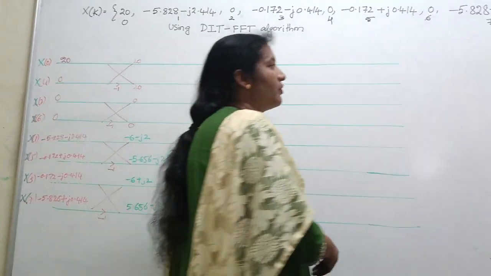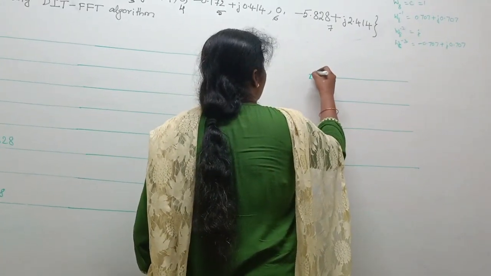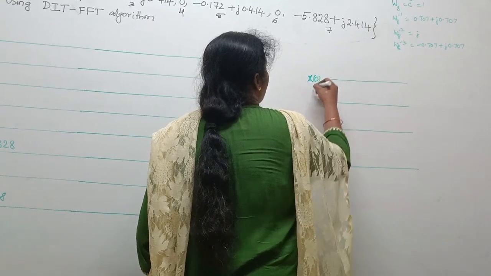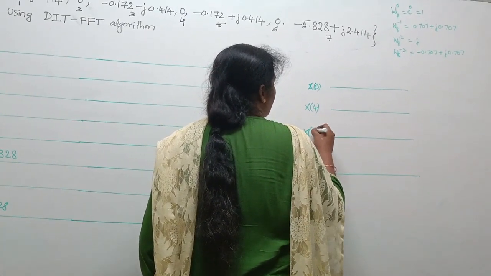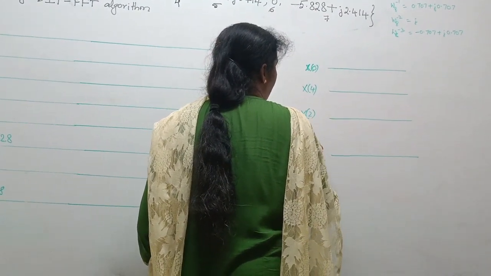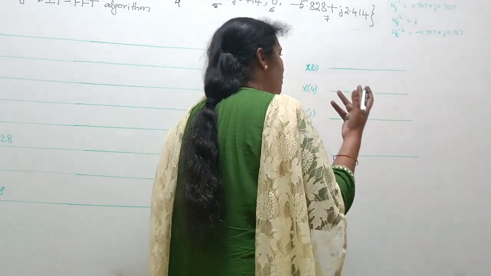Now if we see the 4-point DFT, let us compute like this, that is x of 0, x of 4, x of 2 and x of 6 is 0. So how to compute the 4-point DFT? How to draw?